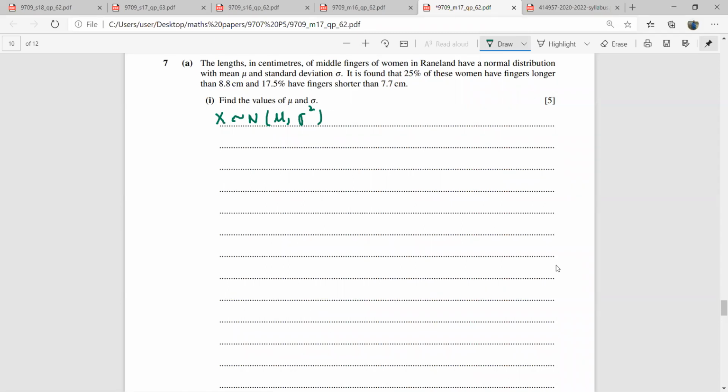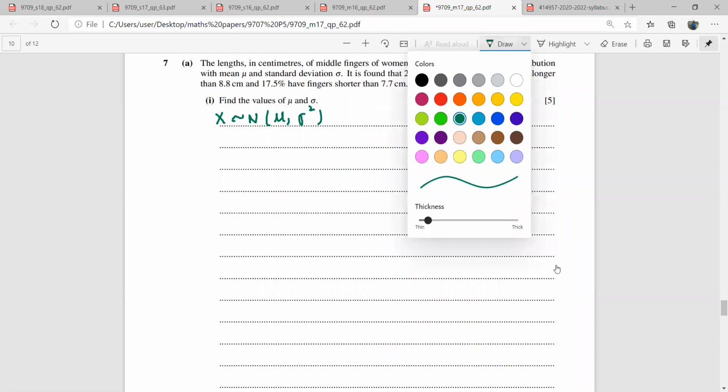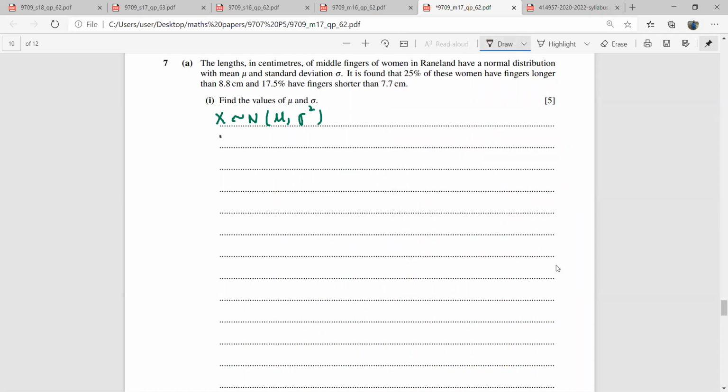It says if it is found that 25% of these women have fingers longer than 8.8, so this means the probability that X is more than 8.8 cm is, I'll be writing this as 0.25.